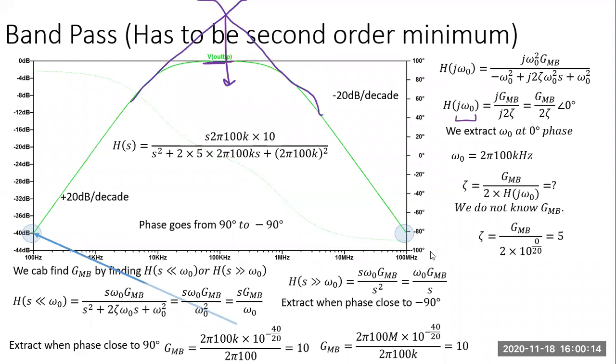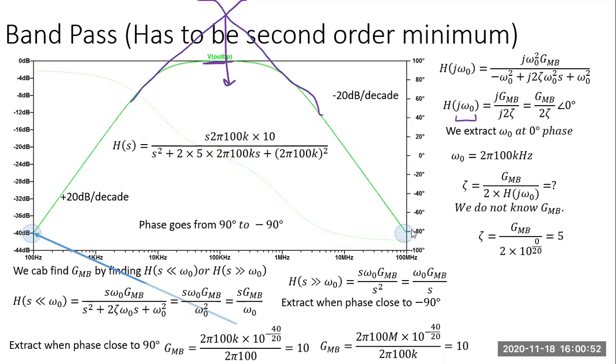Why out here is that because if S is so much smaller than omega naught, right, it stops becoming complex in the denominator, and S times here is just whatever frequency you're at, in this case 100 hertz, right? So this is your 100 hertz, this is your omega naught, and that's your gain at that spot, and you get 10.